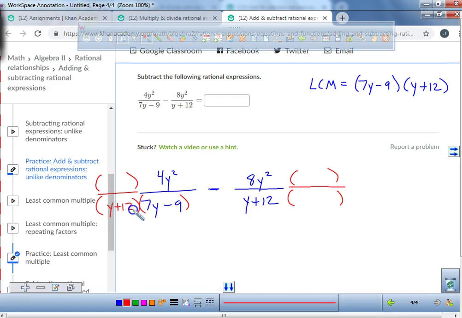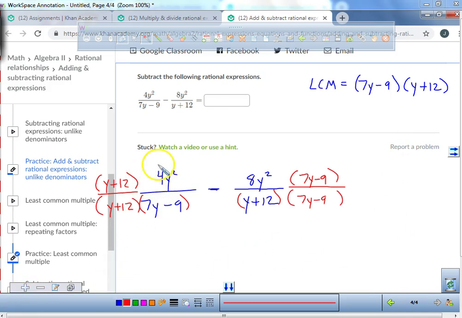Whatever I do to the denominator, I must do to the numerator. What am I going to have to multiply the y plus 12 by? 7y minus 9. You're right. It has the y plus 12, but it needs this in order to have a common denominator. That's the very first step.